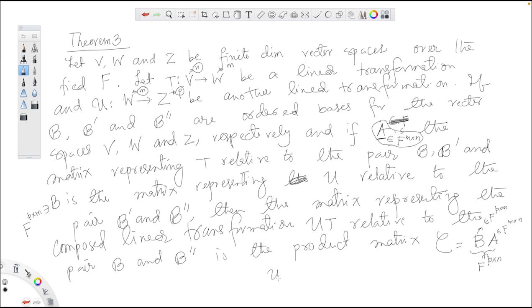And it makes sense since U composed with T is the map from the vector space V to the vector space Z, where V is n dimensional and Z is p dimensional. So the matrix representing U composed with T is supposed to be indeed a matrix of size p times n.